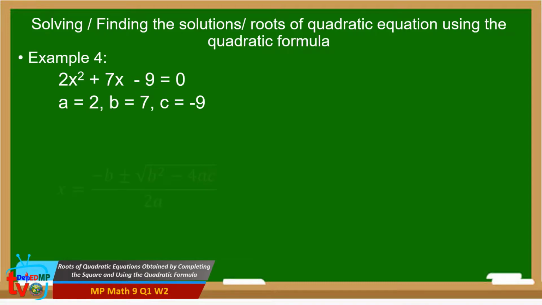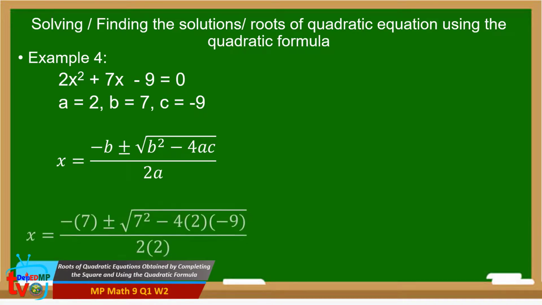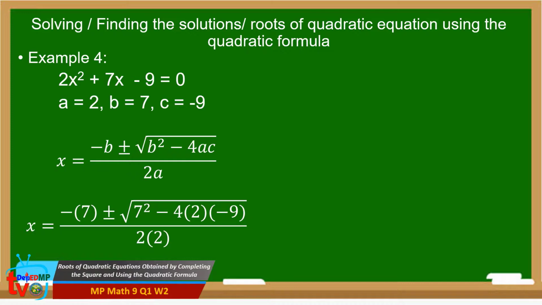Substitute those values in the quadratic formula. Then we have x is equal to negative times 7 plus or minus the square root of 7 to the second power minus 4 times 2 times negative 9 all over 2 times 2.